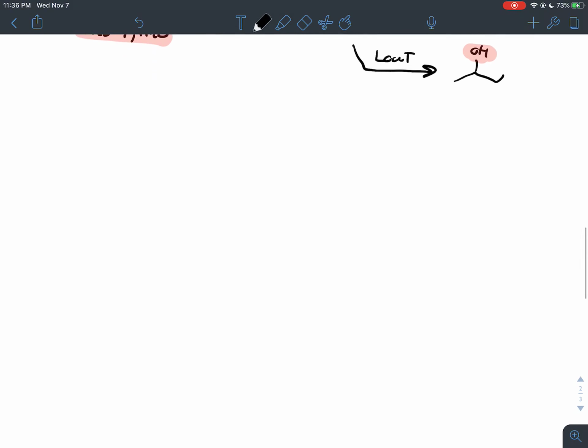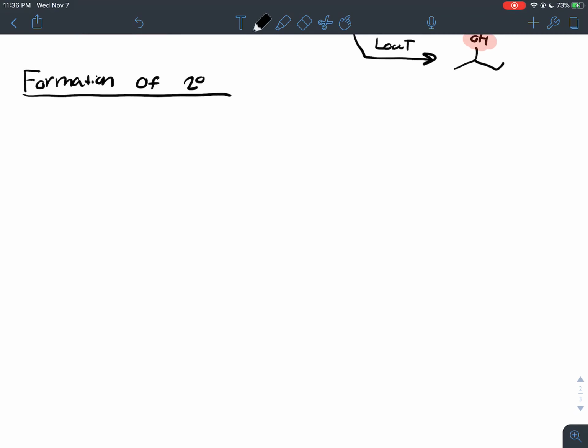Alright. Now, formation of secondary nitrosamines. The secondary ones are pretty straightforward. Here I'm going to go straight to attacking the electrophile, because the formation of that is pretty much the same, and drawing it again would be redundant.